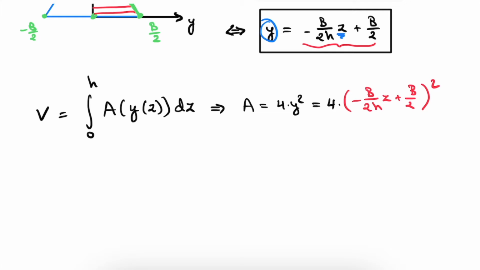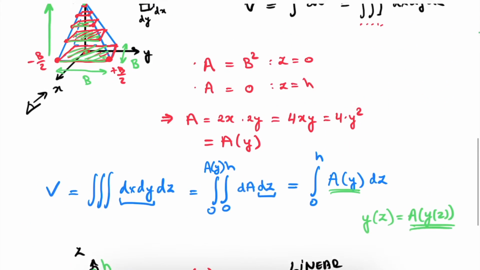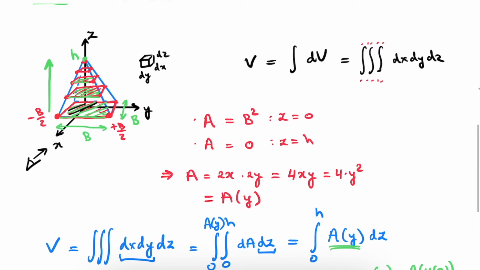And this will be our function A of z, because we see that this is now dependent on z. What this actually says is how the surface of these cross sections, which we had right here, changes when we are changing z.